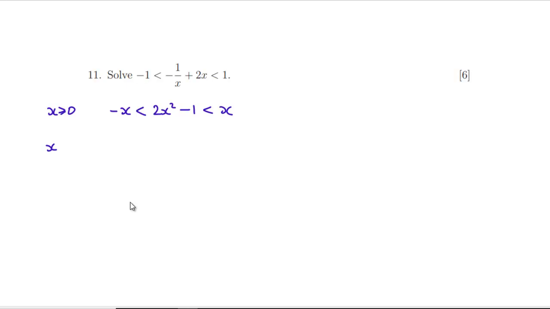Or if x is less than 0, we're going to have the same thing, but with the inequalities flipped round. So we've got those 2 options. If we draw out these lines, then everything is going to be hunky-dory, I think.